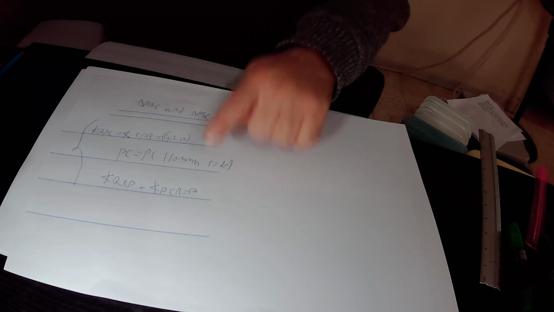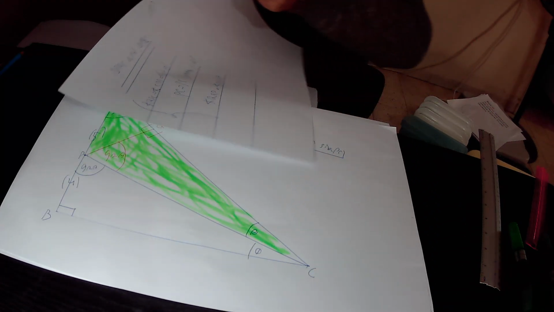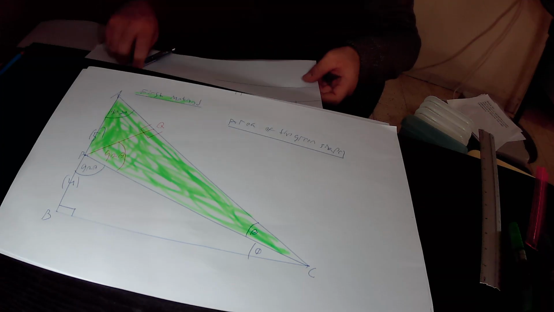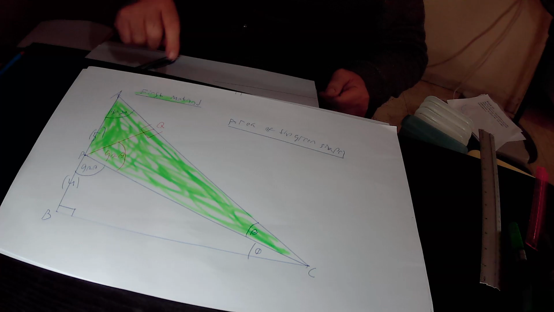They are both equal to theta, and therefore they are equal to each other. So in total, we found that those two right triangles can coincide with each other according to the angle side angle rule.